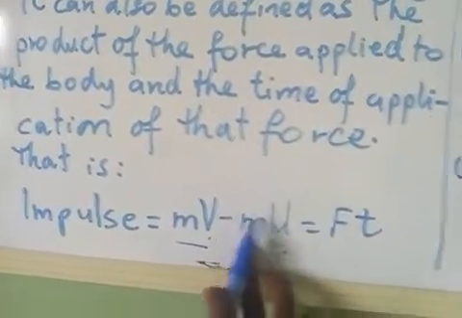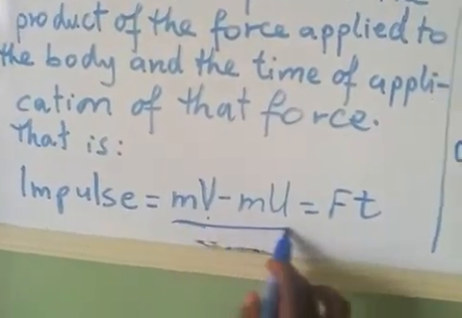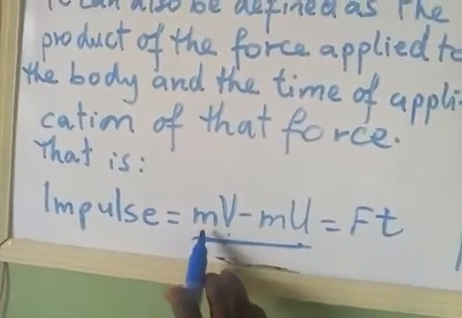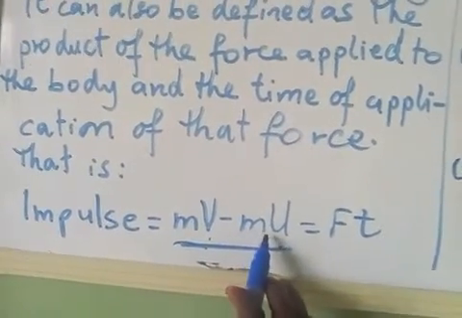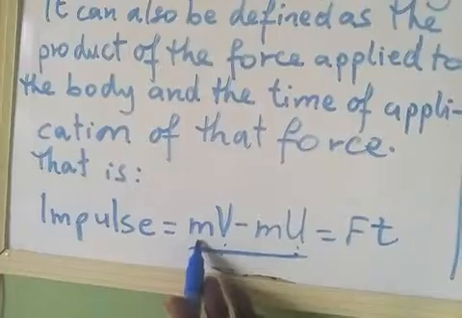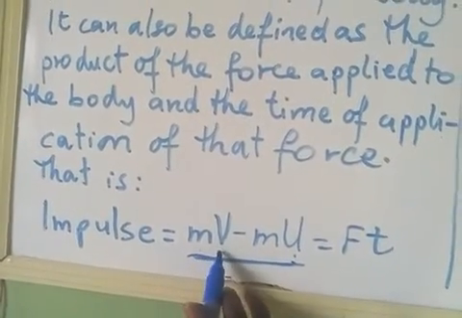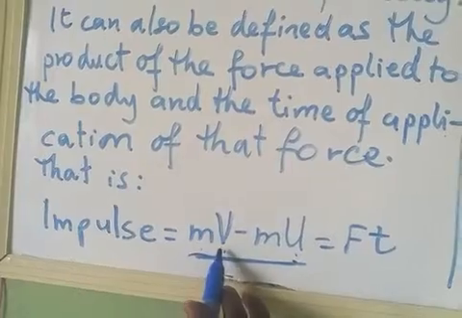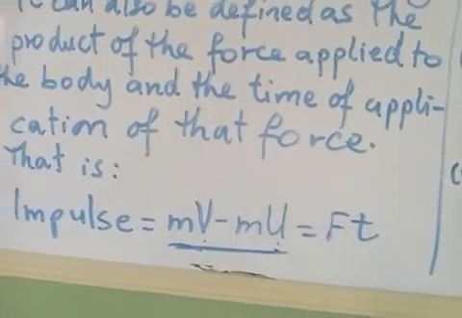So the change in the momentum, which is also equal to the impulse, is the mass of the object times the final velocity minus the mass of the object times the initial velocity. Here, this mv represents the final momentum, and this mu represents the initial momentum.